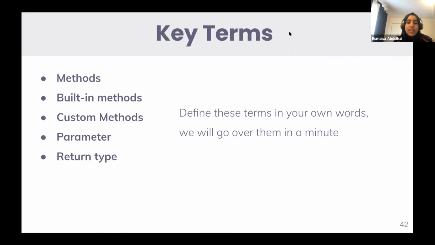So Muhammad says that a method is a list of statements. Yes, that is correct. A method is a list of statements that we can use to accomplish one big task, or maybe a group of smaller tasks. Does anyone want to share what they had for built-in methods?